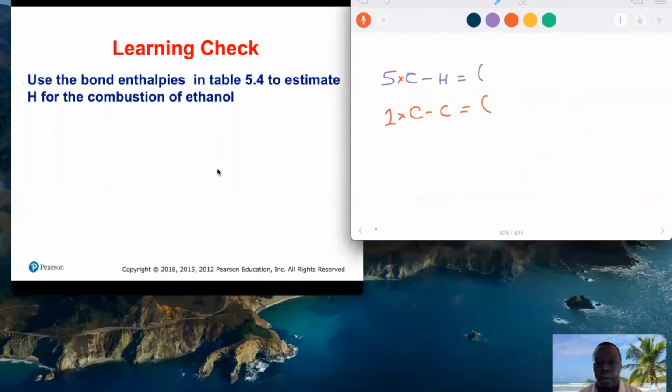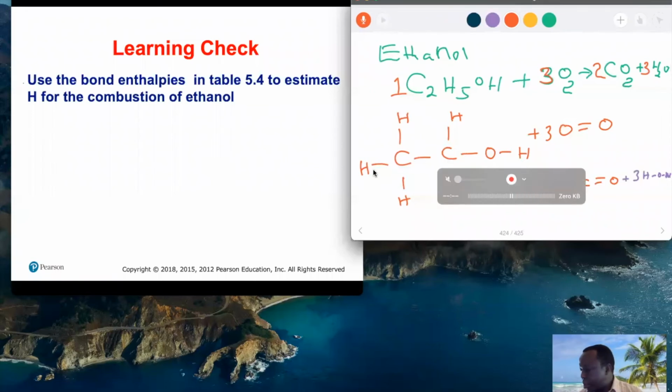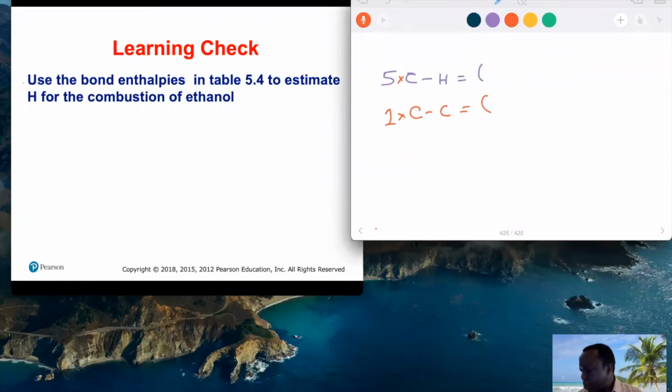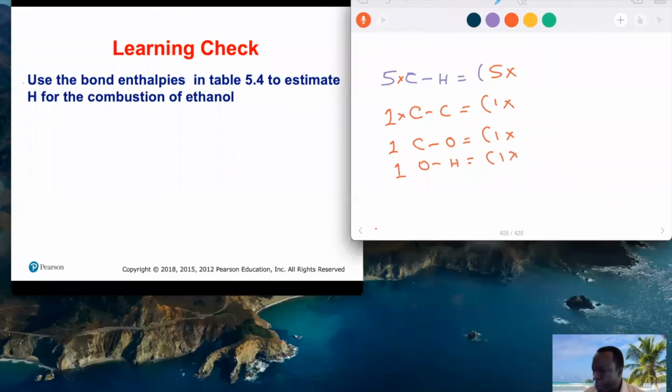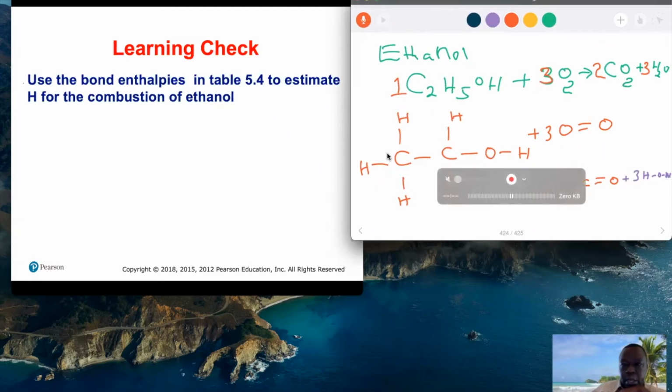Then there is carbon-oxygen, 1 carbon-oxygen, 1 times, and then 5 times. And then there is 1 oxygen-hydrogen, so we multiply 1 time. See how many bonds we are breaking. Out of this, we can determine the bond enthalpy required for that.